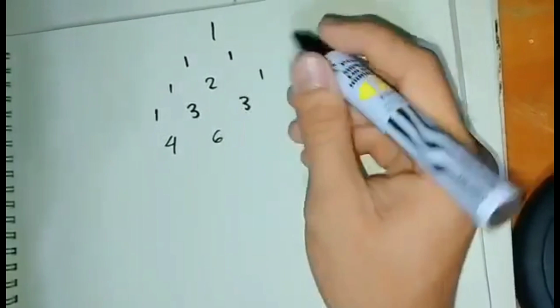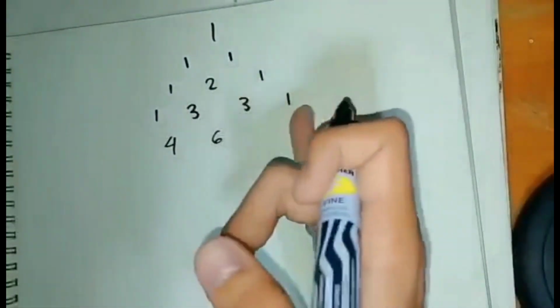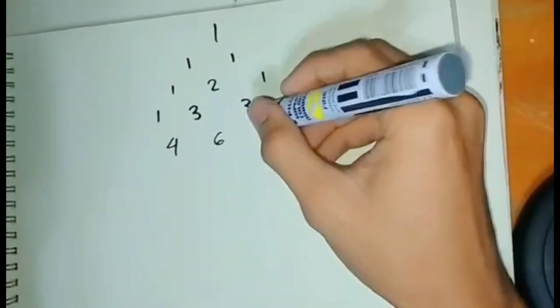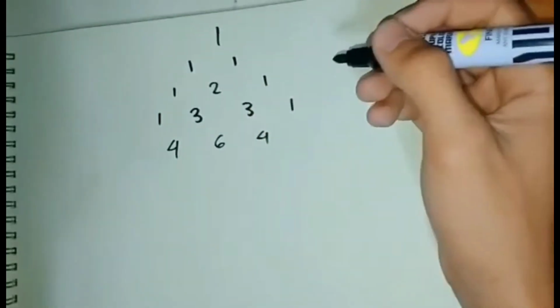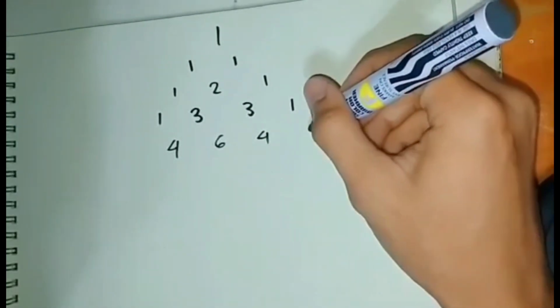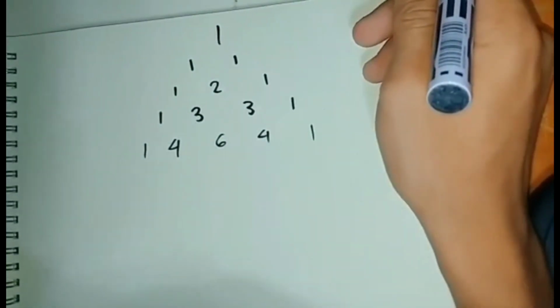So 3 plus 3 is equal to 6. And carry on with the next numbers. So 3 plus 1 is equal to 4, and we end this line by putting 1 on each end.